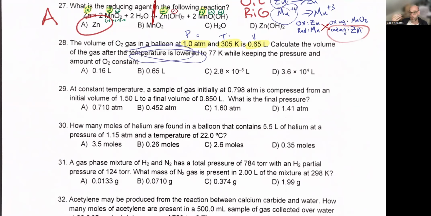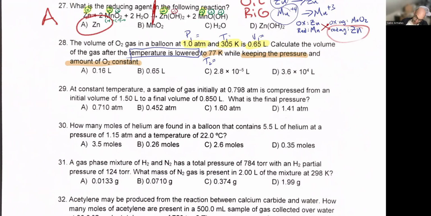Temperature is lowered. So this is a changing event. I started with one state of gas and now I'm switching. So now I have a new temperature while keeping the pressure and the amount of O2 constant. So we're going to call this temperature 1, volume 1, pressure 1, temperature 2.